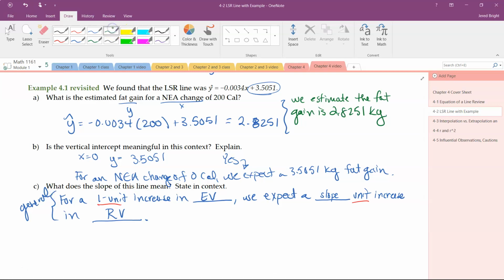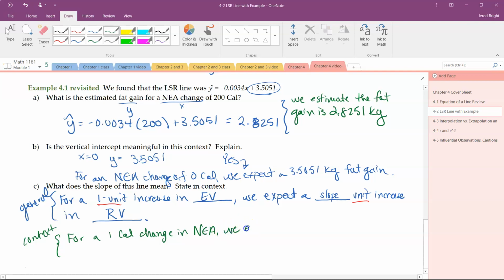But now if I want to do this for my context, I'm going to say for a 1 calorie change in NEA, we expect a negative 0.0034 slope, and then this was a kilogram increase in the response variable, which is fat gain.